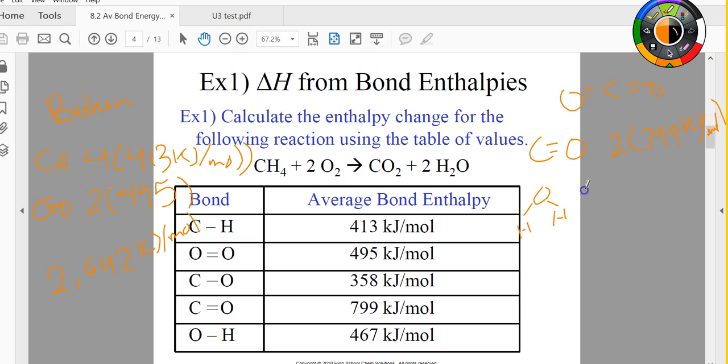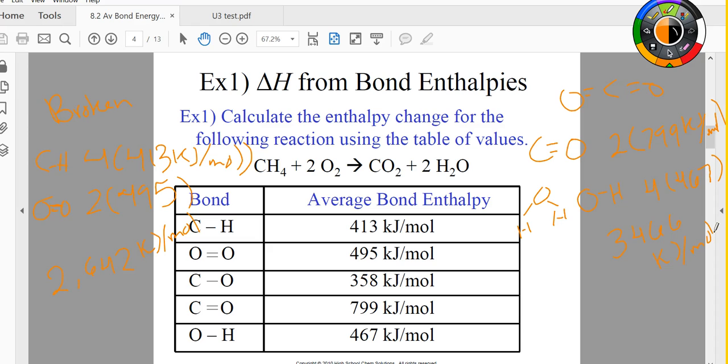So 4 of the O-Hs, 4 times 467. I'm going to add that up. So 2 times 799 plus, parentheses, 4 times 467. So that is 3,466 kilojoules per mole.